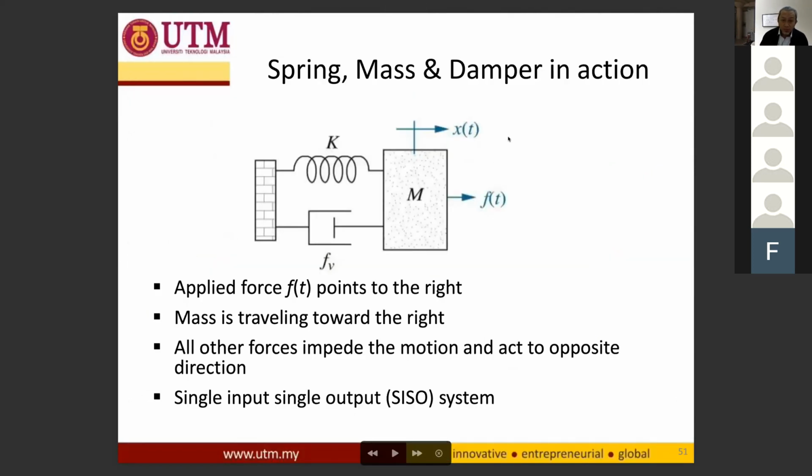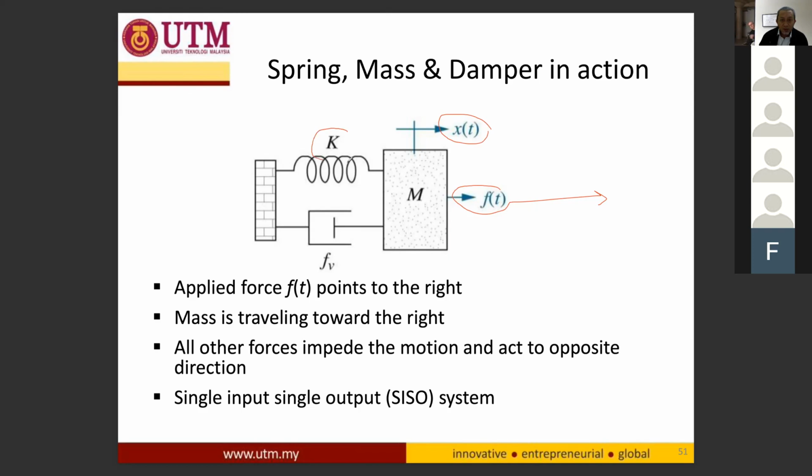So this is the system. For example, we have a mass here, and we have a force towards the right, and we have a displacement, x of t. Displacement is anjakan, right?